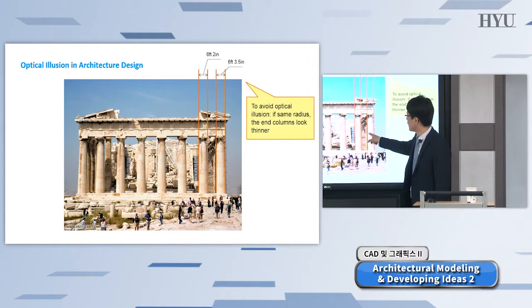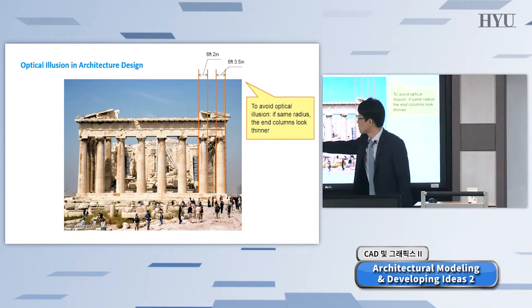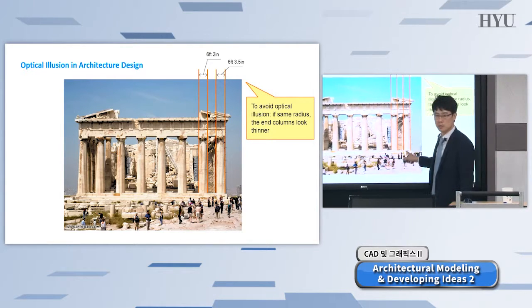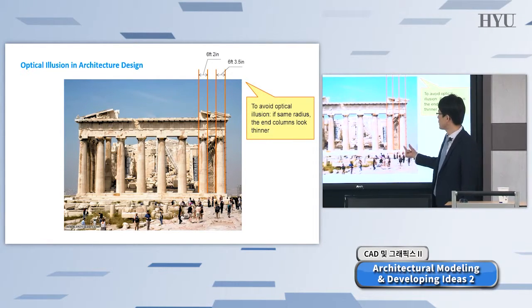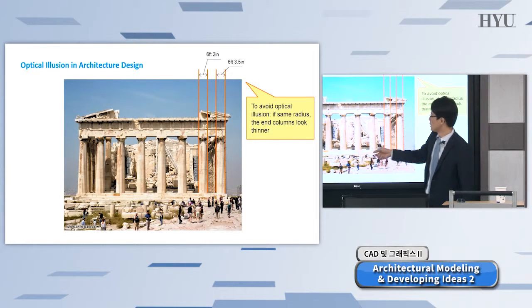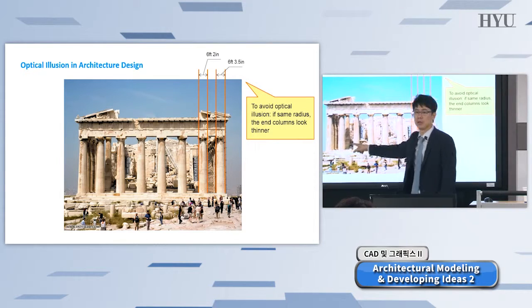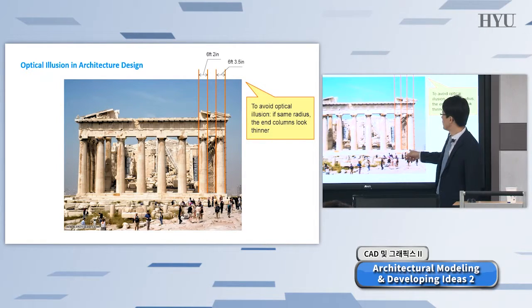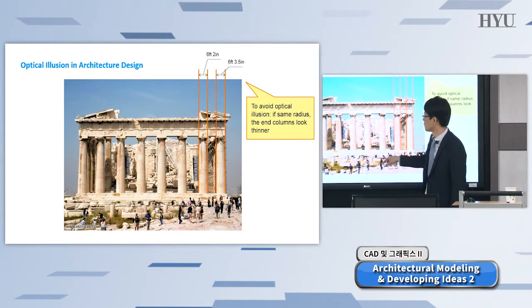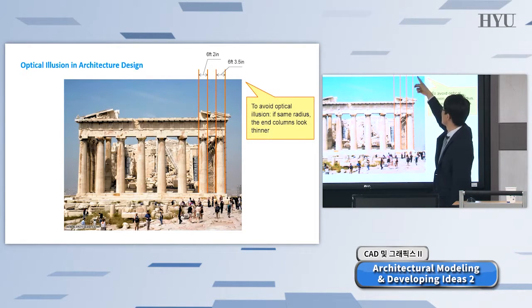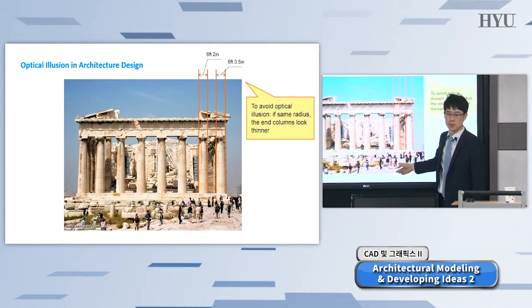Take a look at the columns: 3, 4, 5, 6, 7, 8, a total of 8 columns in front. But as you see, the column radius, the thickness of the columns, look equal, okay? But precisely, the outer 2 columns are slightly thicker than the other columns.